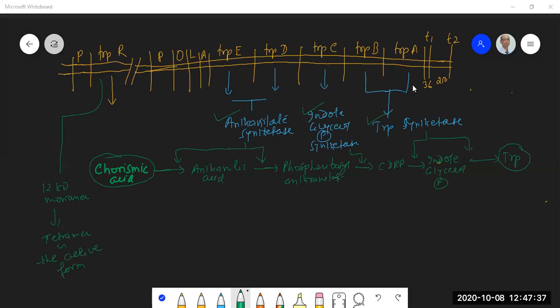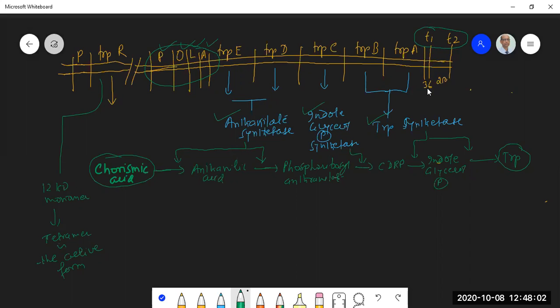So you can now understand that this is slightly more complex than the lac operon that we have studied earlier. And here the control region is crowded. Besides the regular promoter and operator, you have a leader and you have an attenuator sequence also. And in addition, you have two transcription termination signals.